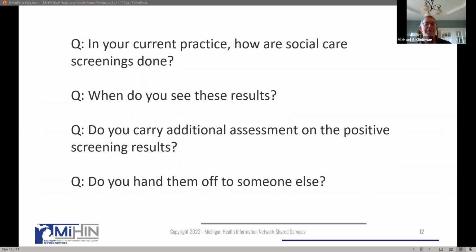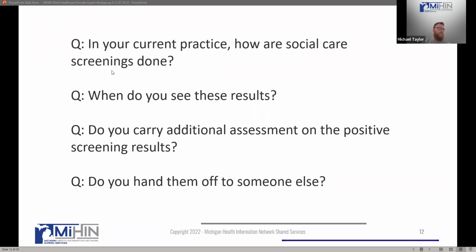These are workflow questions. Not hearing any more comments on that one. So this one, I didn't know how far we were going to get, so I just put a whole bunch of questions on this slide to take us home. So I wanted to talk about how screenings are performed today, and how that relates to who's interacting with the data, who's capturing the data.